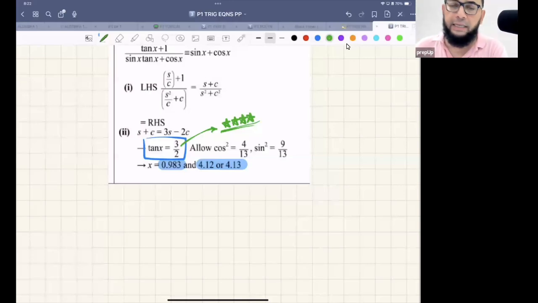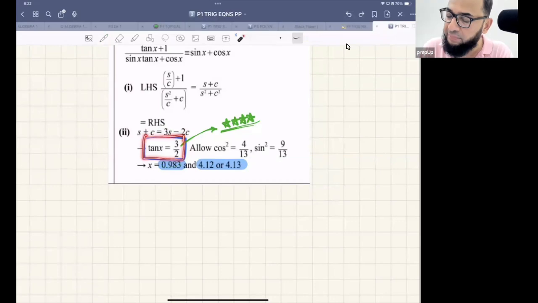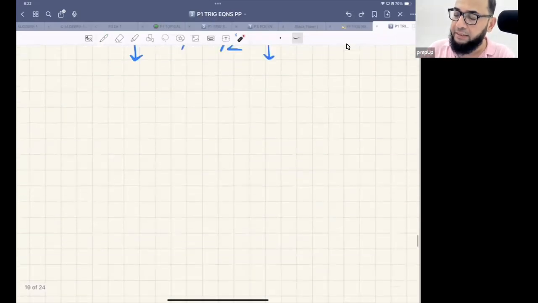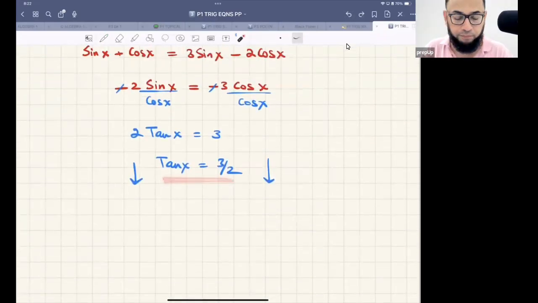So now, let's resume back. There was some electricity issue. We were looking at this answer: tangent x is equal to 3 over 2. That is the method that we are working with. Let me go to my calculator. It's in the degree mode, so hold for a second.